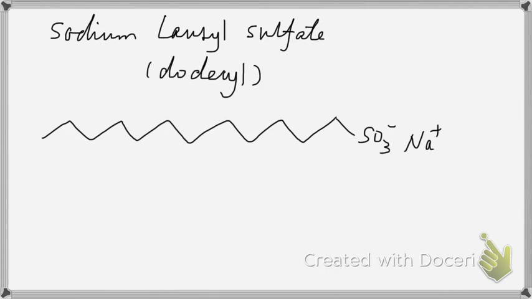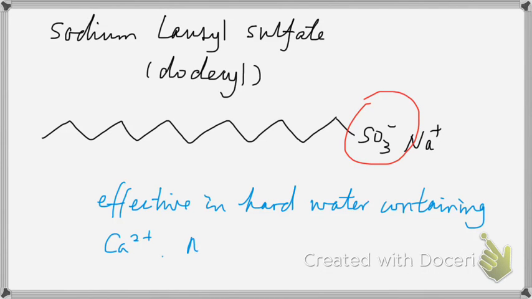But detergents are especially effective in hard water containing calcium ions and magnesium ions. With these magnesium or calcium ions, soap won't work very well because calcium carboxylate or magnesium carboxylate are insoluble in water.